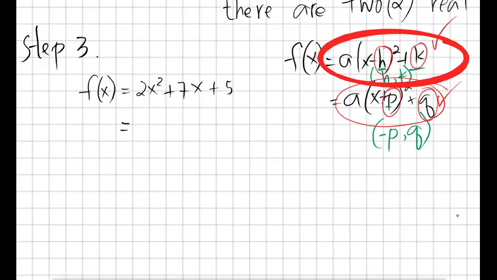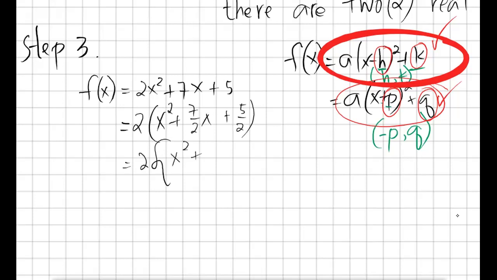Just don't get confused with the sign. Let's take out 2 first. So 2 times, dividing the whole polynomial by 2, x squared plus 7 over 2 x plus 5 over 2. Now 2 is outside.